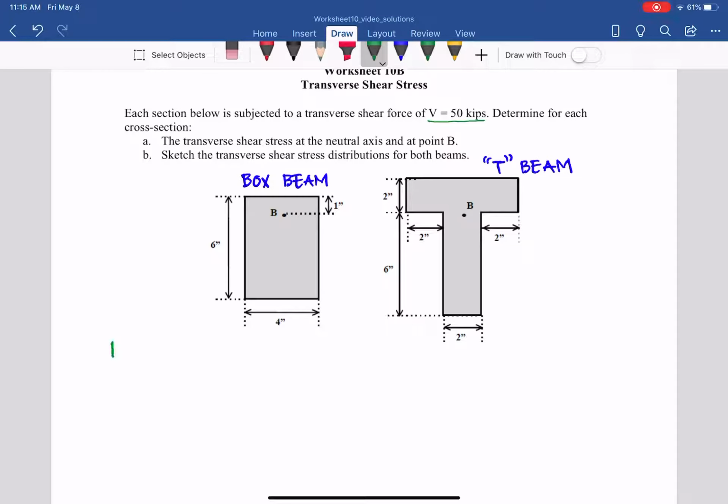So let's talk about the box beam, whose cross section is a rectangle.